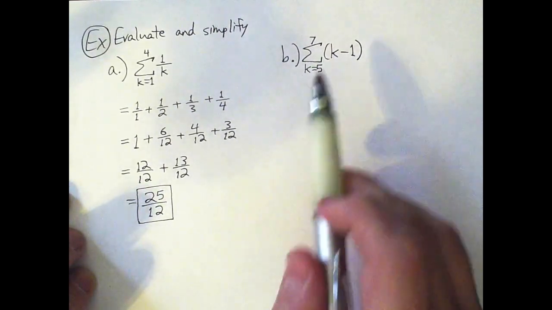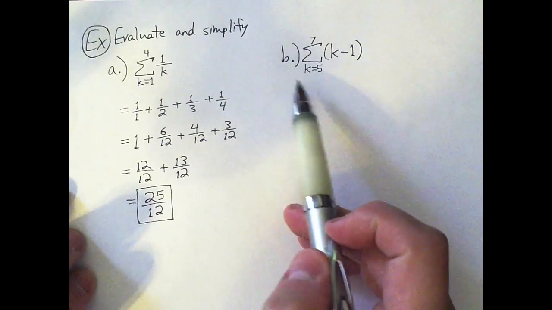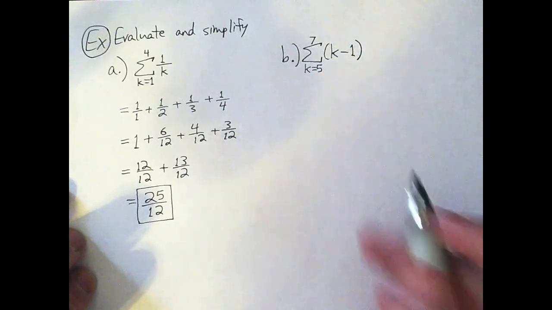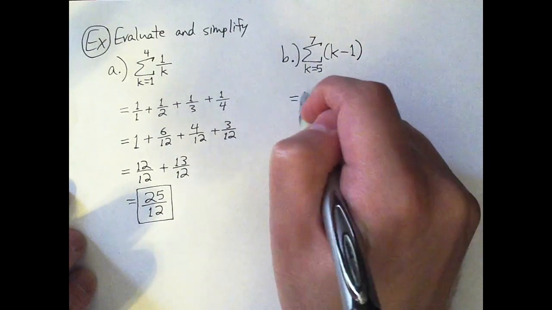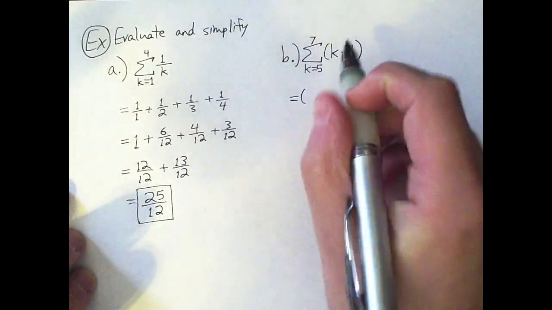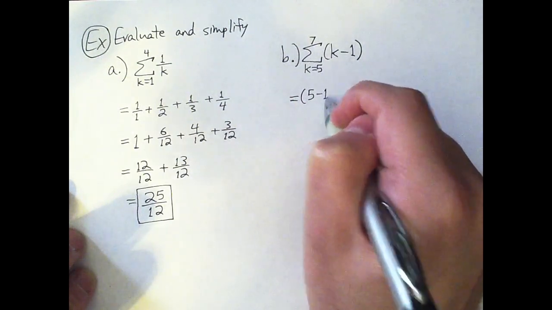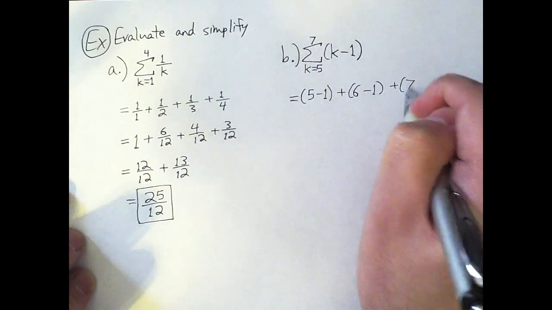Next one tells us to start the sum at 5 and work our way up to 7. So it's not going very far. It's just going from 5 to 7. So like 5, 6, 7, right? But the thing that we're evaluating is k minus 1. So you start at 5 and you do 5 minus 1, so 5 minus 1 plus 6 minus 1 plus 7 minus 1.